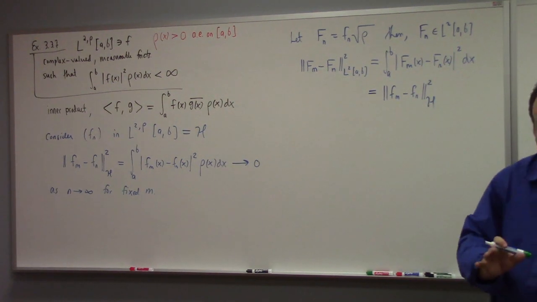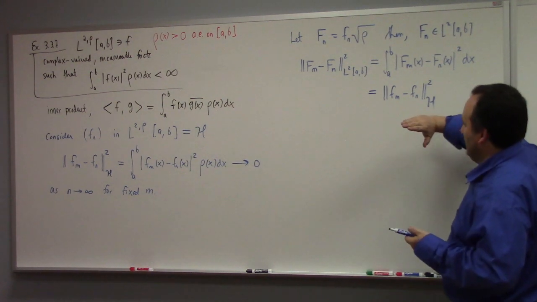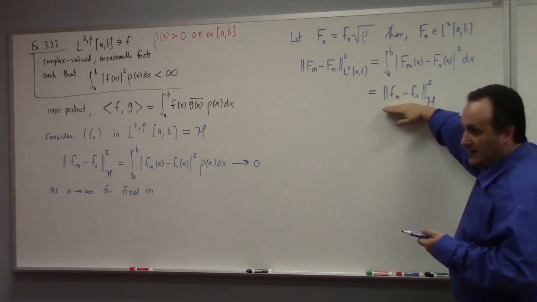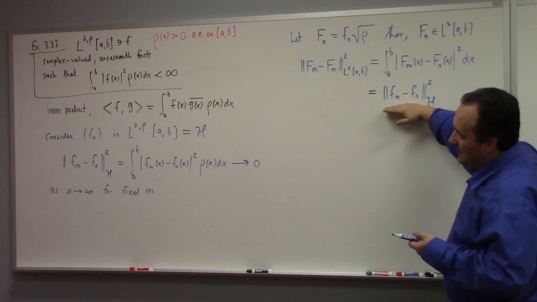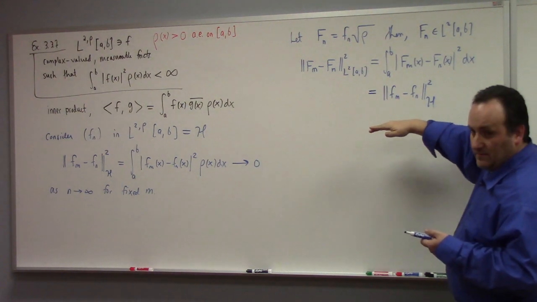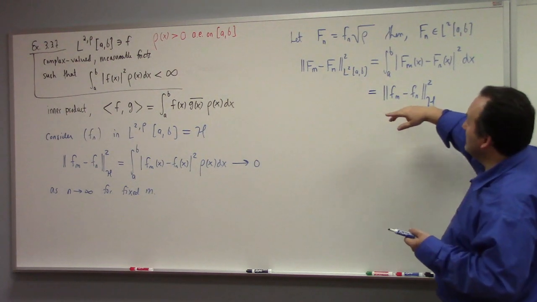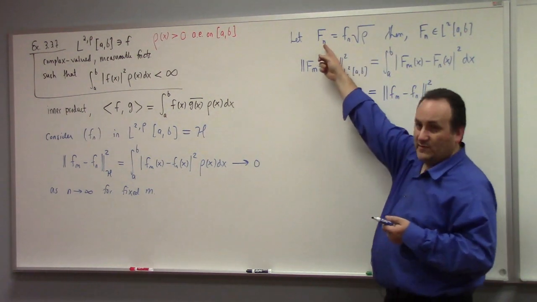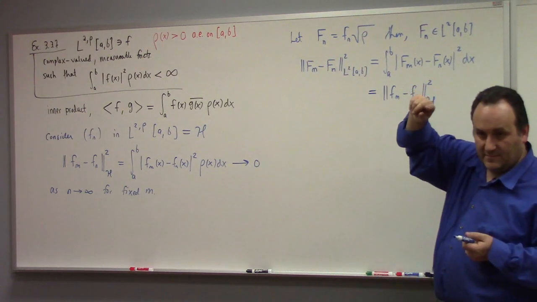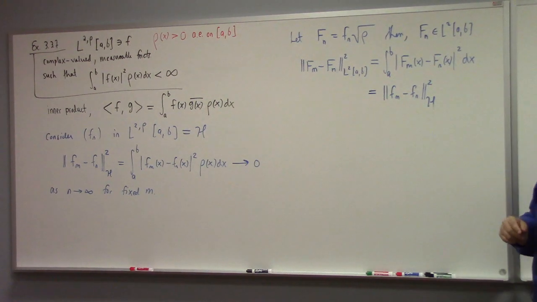So what does this mean? It's simply this: if little fm is a Cauchy sequence in the rho space, let's call it, in H, then the corresponding scaled sequence, big F, is a Cauchy sequence in L2. But we already proved that L2 is complete.